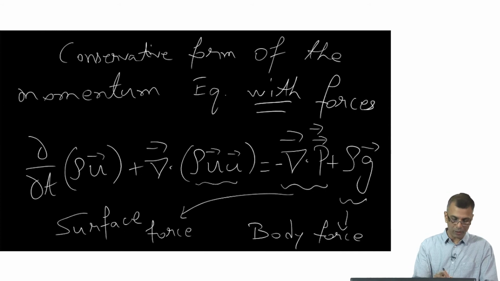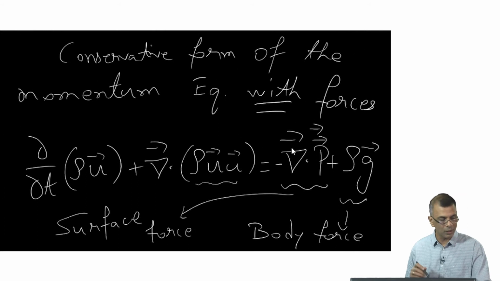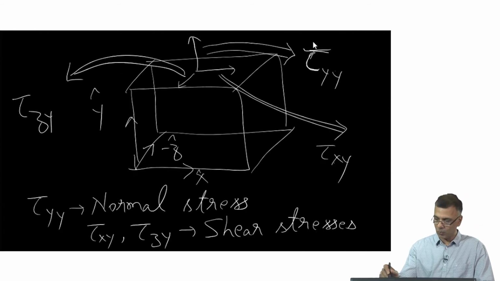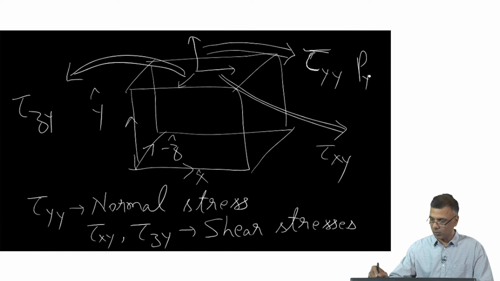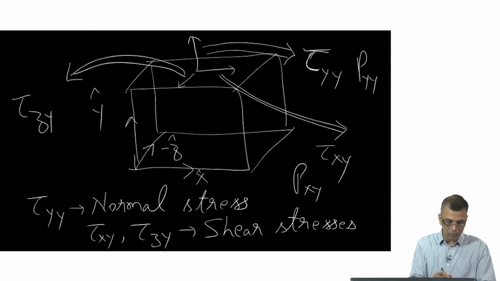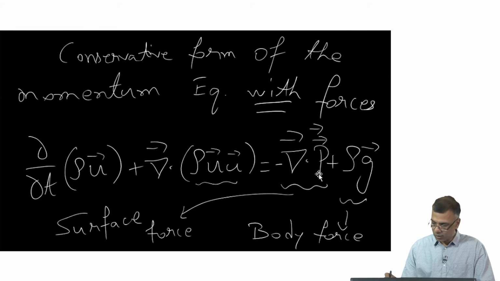In particular, we are talking about the divergence of the pressure tensor. The elements of the pressure tensor, the Pij, would just be, when I write tau, I really mean P. This is the same as P. You can think of it as tau yy or Pyy, tau xy or Pxy, and so on and so forth. We need to understand what the divergence of a tensor is.